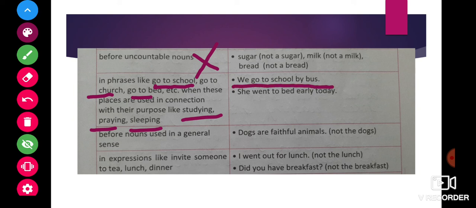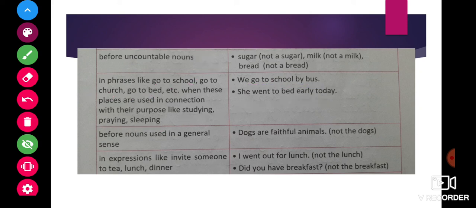For example, we go to school by bus. She went to bed early today. So we do not write she went to school by a bus or she went to a bed early today. In such cases, we do not use articles.